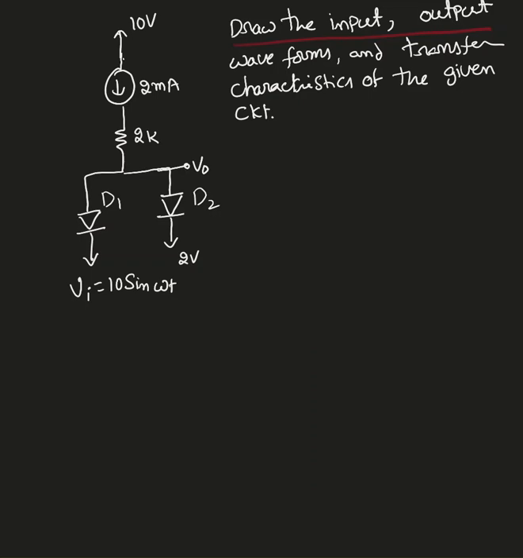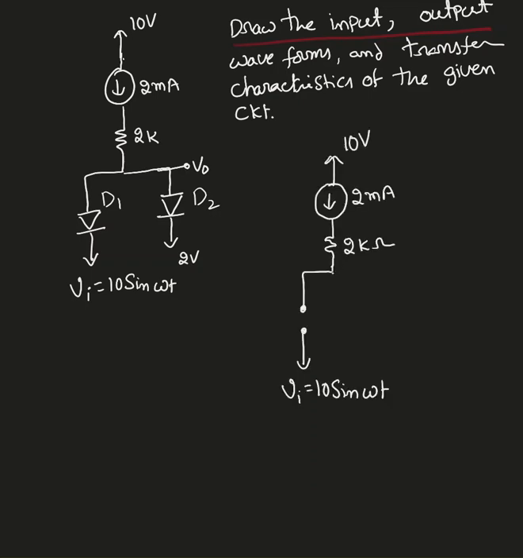Another way of looking at it: there is a 2 milliampere current source here, and the 2 milliampere current has to pass through one of the paths. So one diode is going to act like a closed all the time. Here I'm going to assume for the time being that diode D2 is closed and D1 is open.